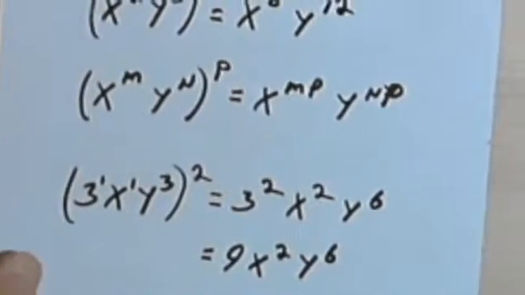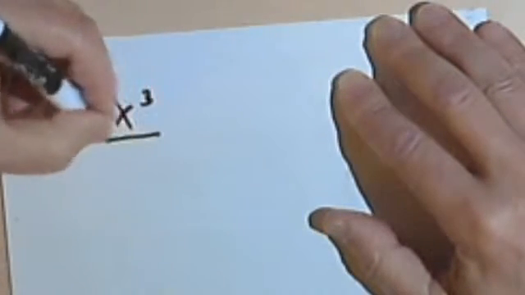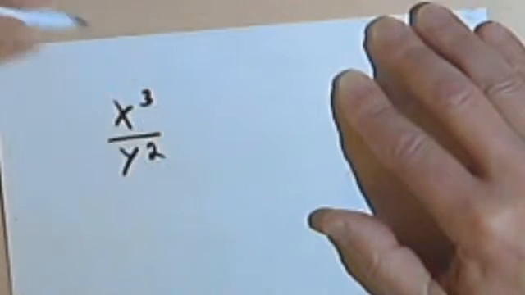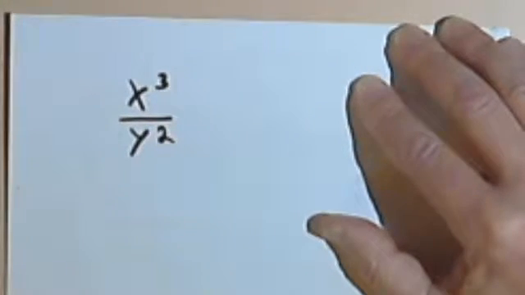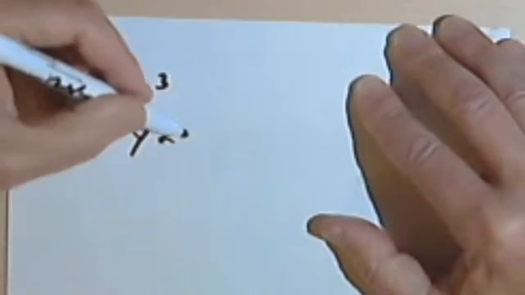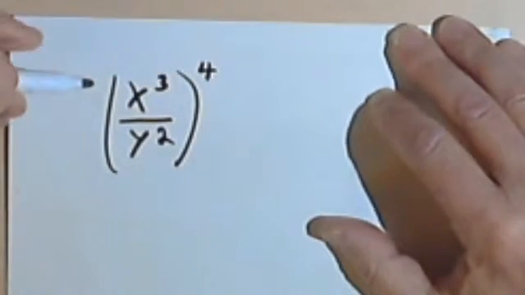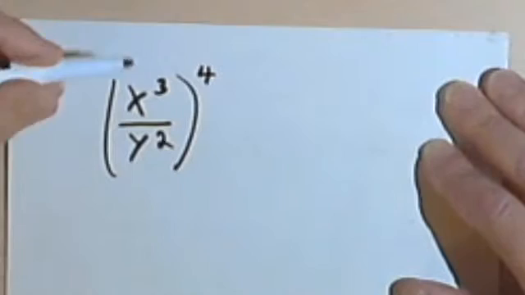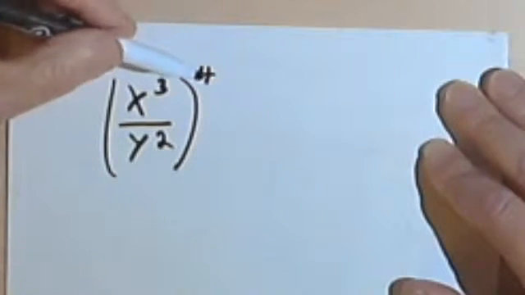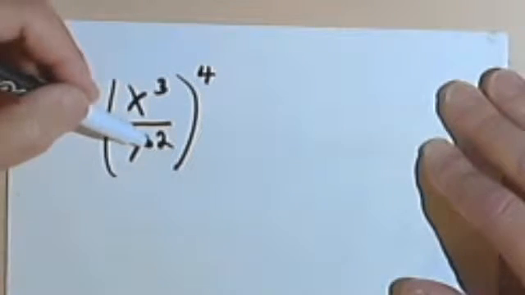Another situation where we have parentheses is where we have a division inside them. So for instance, if we have x to the third over y squared, and remember, we can't simplify this because the bases are different. But if we want to raise this whole thing, let's say again to the fourth power, then once again we're going to distribute this outside power to each of the exponents inside the parentheses.